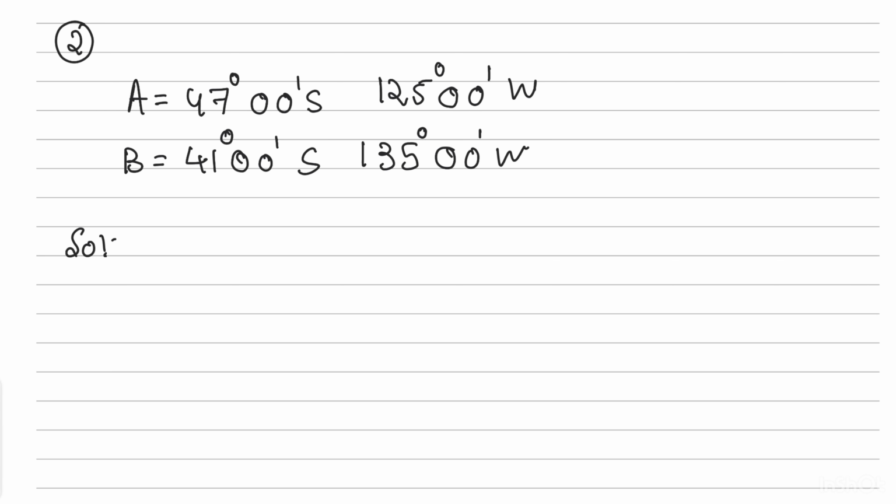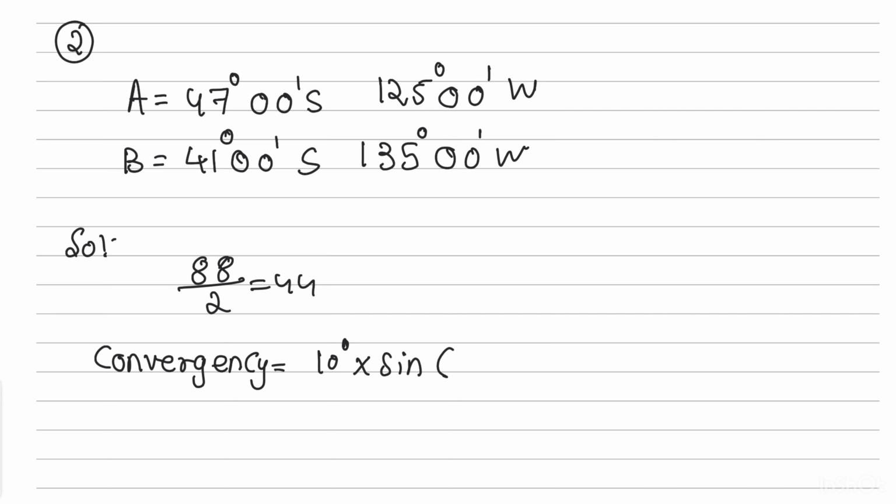So 88 divided by 2 is equal to 44. 10 into sin of 44, how much will it be? Let me calculate. This is the power. Convergence is equal to 10 into sine of 44, which is 6.9, almost 7.